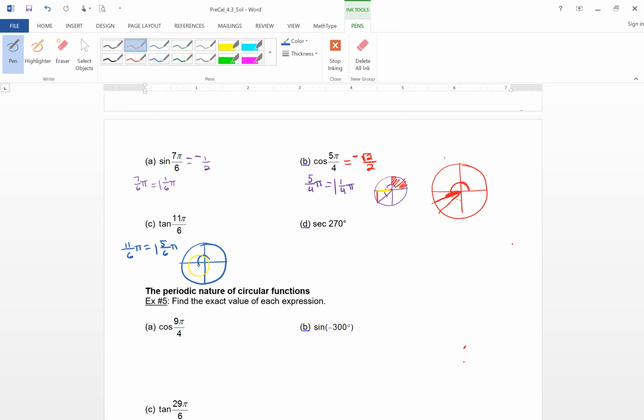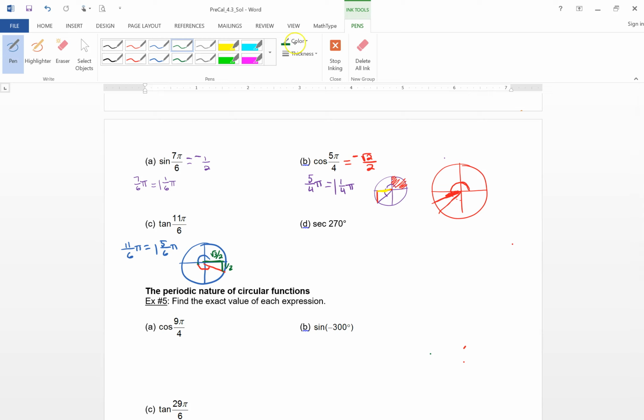So I'm going to go almost all the way around, stop short 1 over 6. Now, what do I have here? The vertical side, is that the shorter or the longer one? The shorter one, so it's a half. The horizontal side is the longer one, root 3 over 2. Hypotenuse is always 1, unit circle.